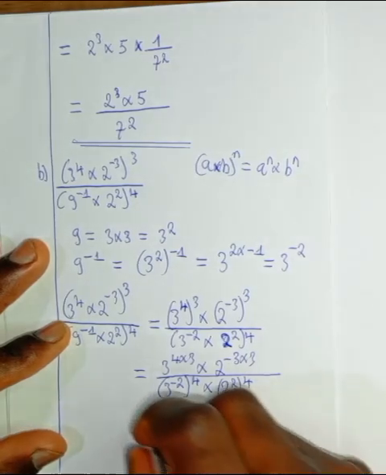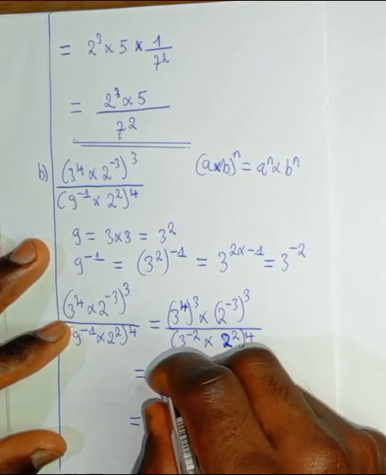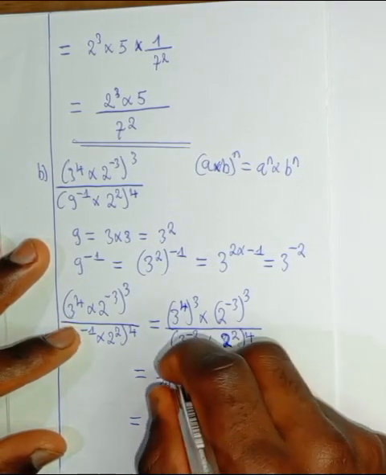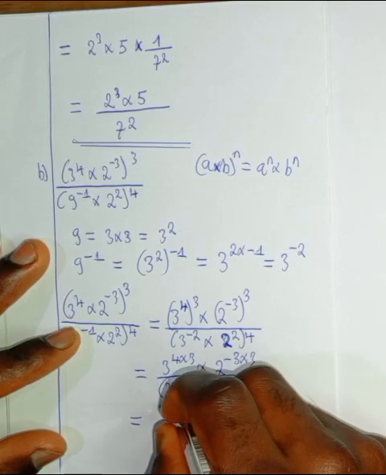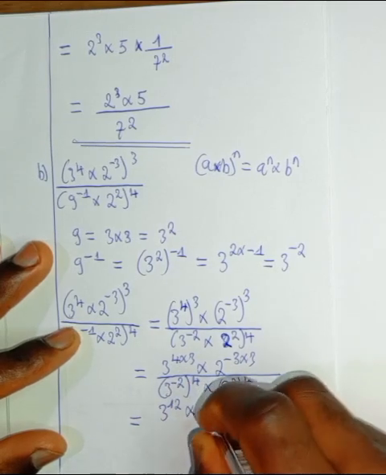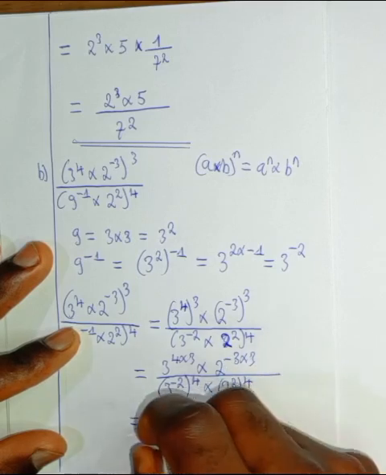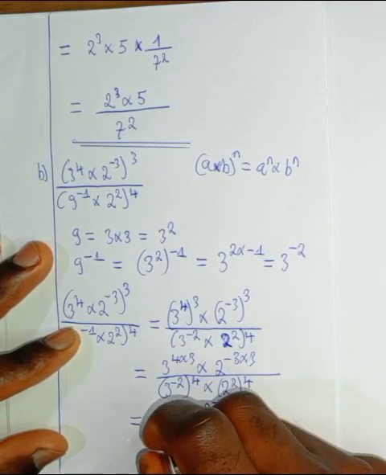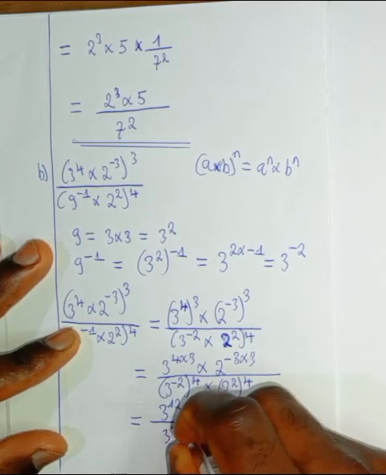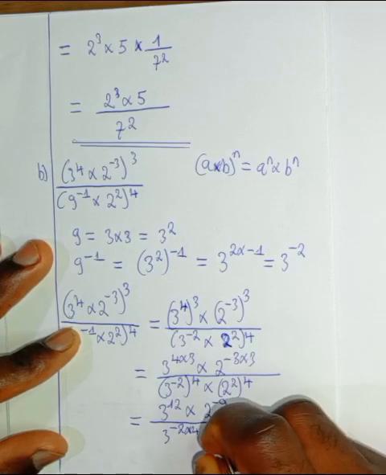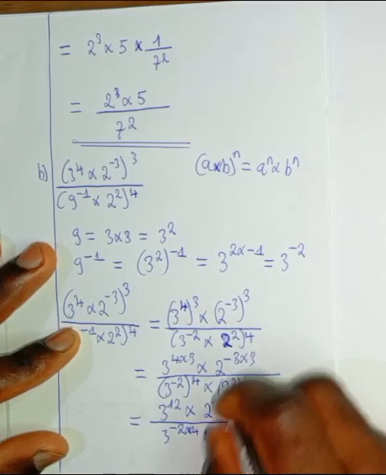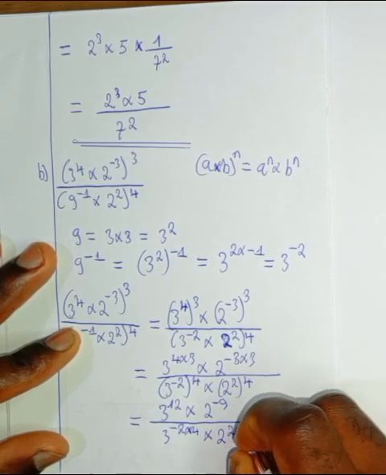This will simply be equal to 3 raised to the power 4 times 3 gives us 12 times 2 raised to the power negative 3 times 3 gives us negative 9 all over 3 raised to the power negative 2 times 4 times 2 raised to the power 2 times 4.